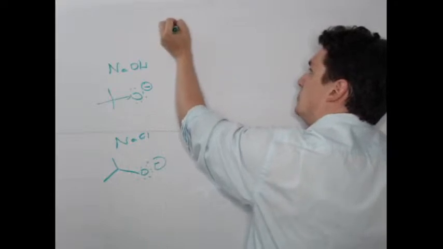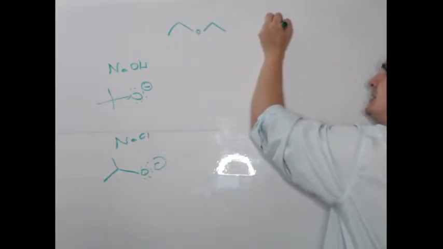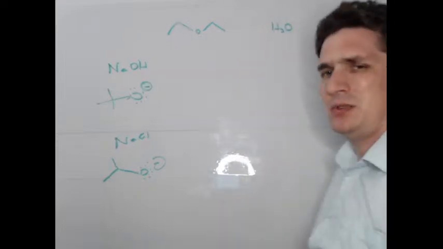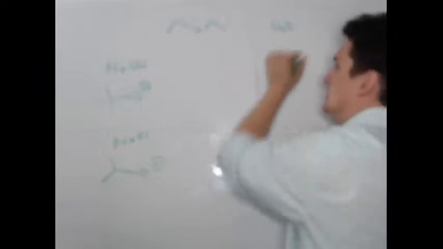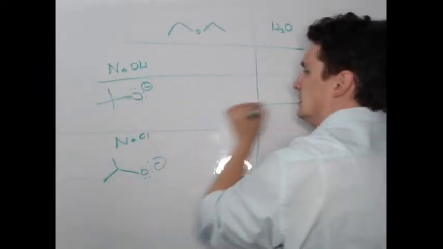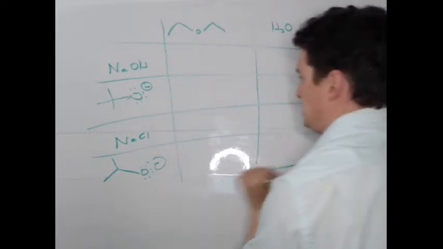And one you're doing in diethyl ether, the other you're doing in, I think, H2O or DMSO, something with a high dielectric constant. So more or less you're filling this in.